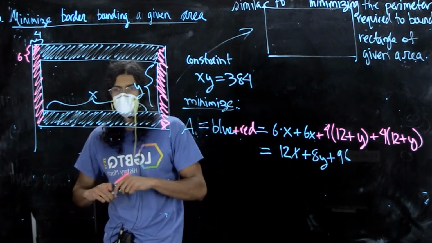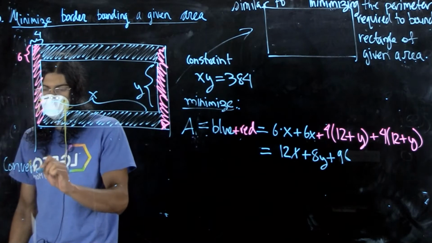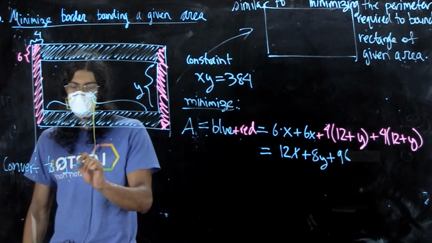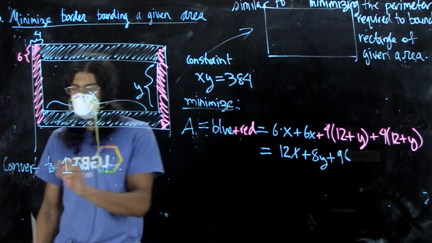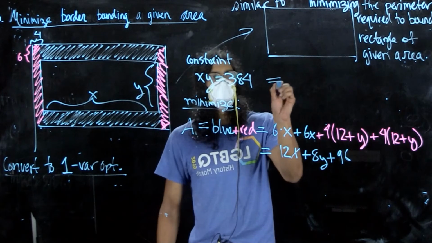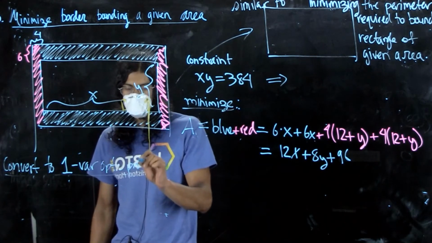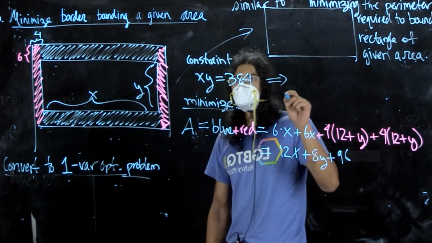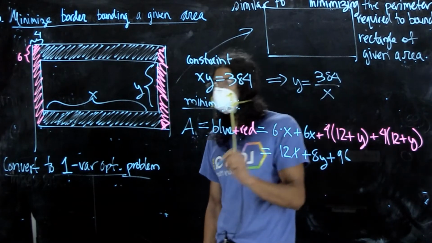Okay. Now let's convert this to a one variable optimization problem. So my constraint tells me that y equals 384 divided by x.